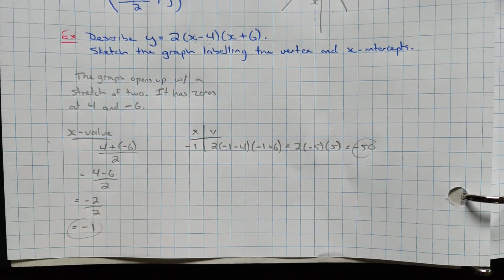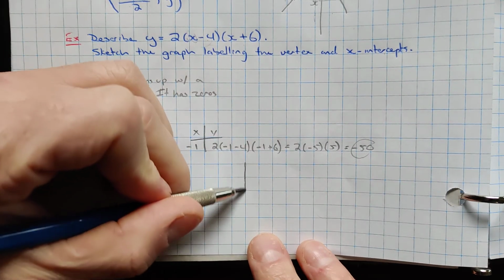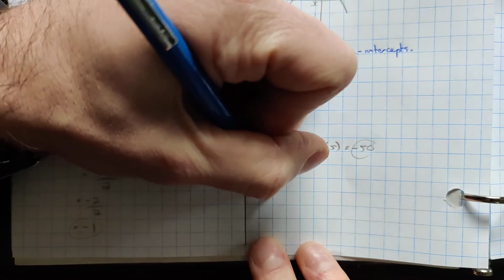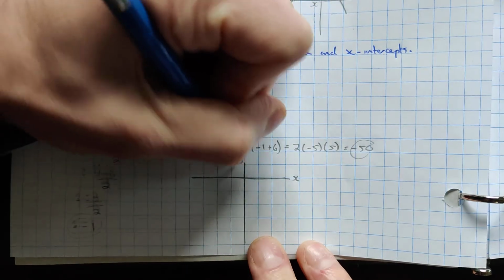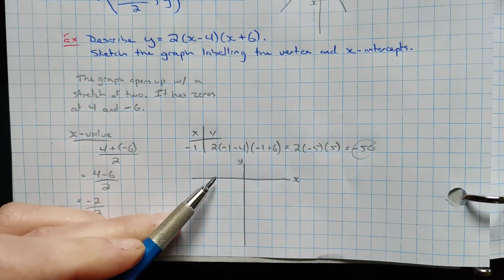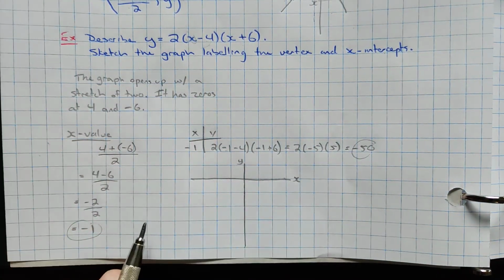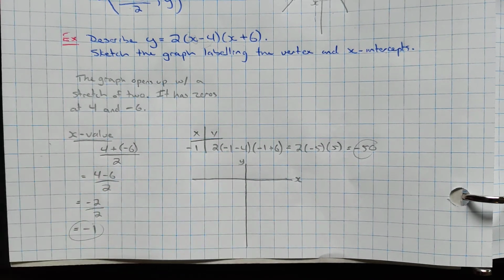Now I can sketch a little graph of this, labeling the vertex and the x-intercepts. If I do a quick little sketch here, I'm going to put the x-axis way up high because we're going down to -50, and these are just 4 and -6.